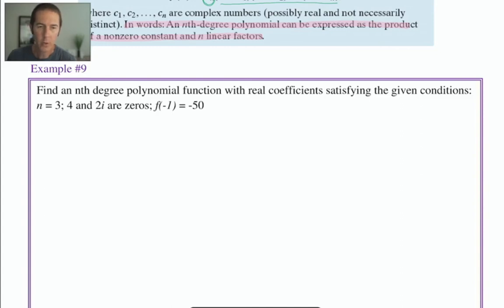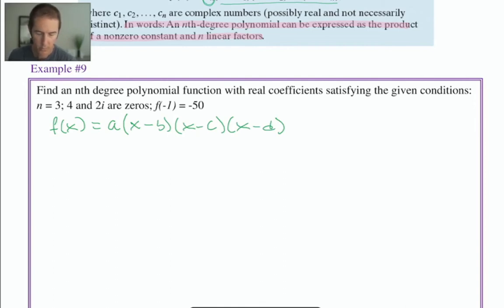Now, what is our polynomial going to look like? Let's call it f of x, and it has the potential to equal some leading coefficient a times these 3 linear factors. Let's have it be x minus b and x minus c and x minus d.